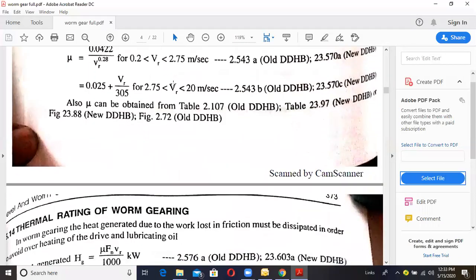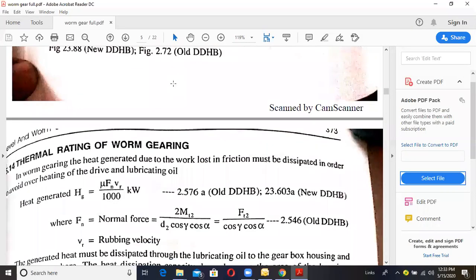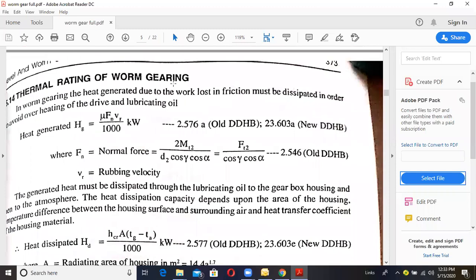Next is heat generated. They told that in worm gearing, the heat generated due to work lost in friction must be dissipated in order to avoid overheating of the drive and the lubricating oil. So now we are going to calculate how much heat is generated and how much heat is coming out of the gear.